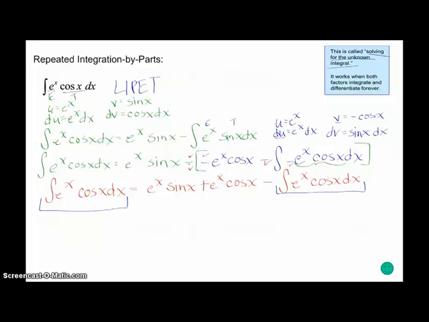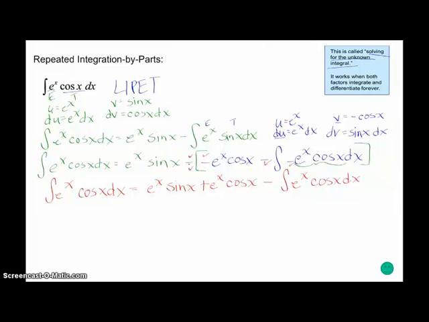What do we do when we have an unknown integral like this? Well, what we do is we bring algebra. I'm going to get rid of that blue writing there so you can see what we're doing. I have like terms.